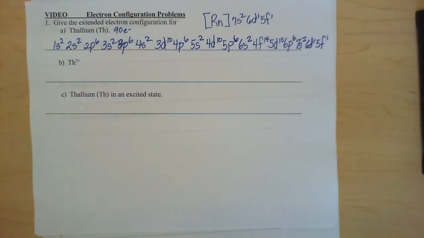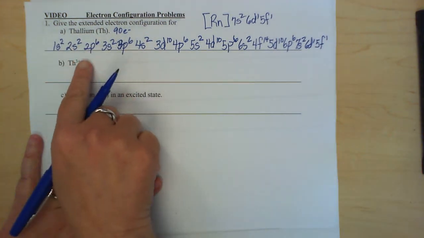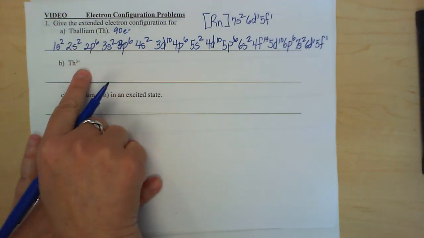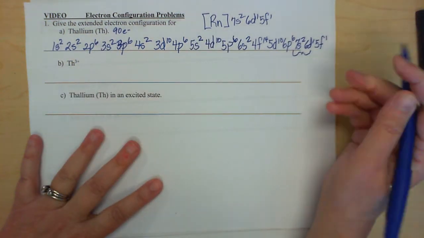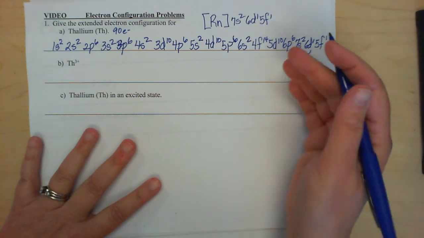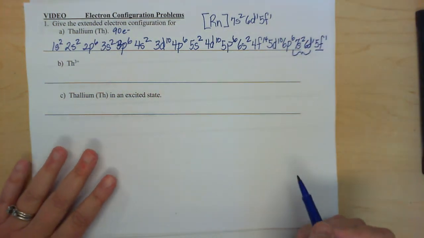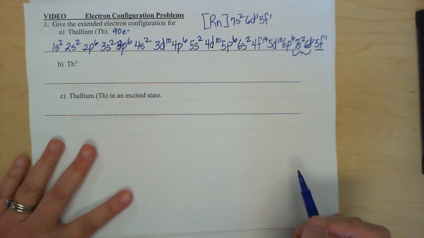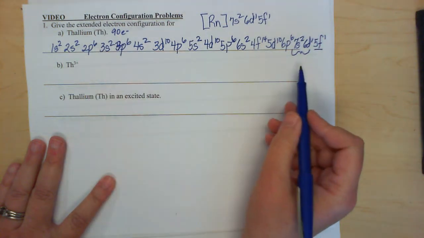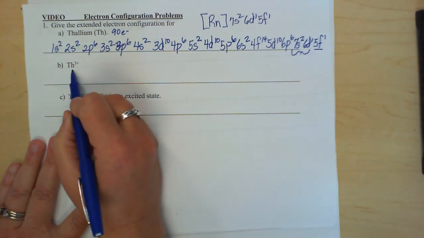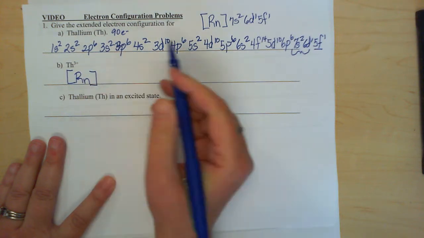Now, I'm going to put the periodic table away for the moment and work on some of the other ones. If we're going to do thorium 3+, we're going to lose 3 electrons. Well, the 3 we happen to lose, these are the inner transition metals, so we're going to leave the 5f's alone. It's going to be the 7s's and the 6d1. So what we would do is, for the extended, we would write everything, but we'll do this in the shorthand because it's just easier to write.